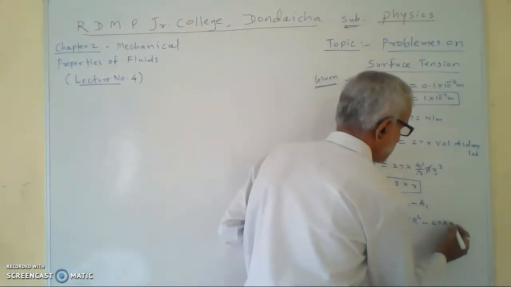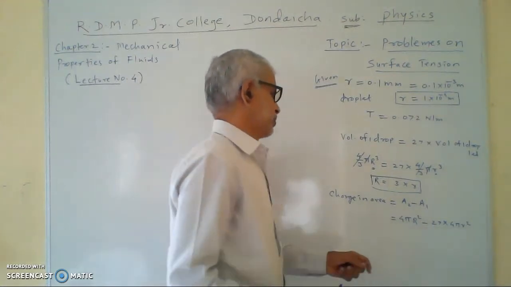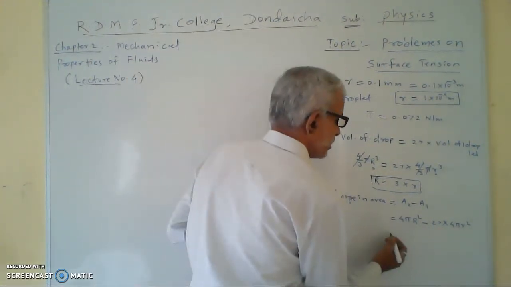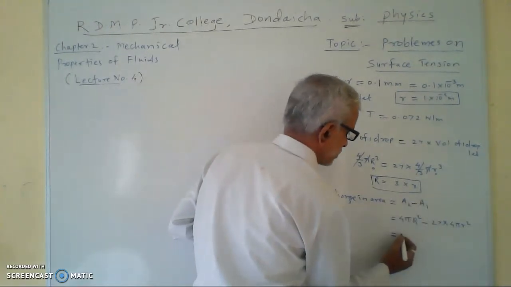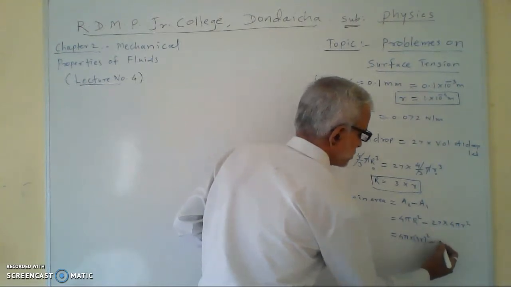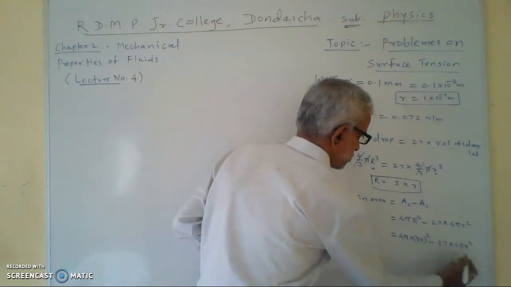Area of the droplet is 4 pi r square. So, final area minus initial area. Now here we put the value of R equal to 3r. So it is 4 pi multiplied by 3r square minus 27 into 4 pi r square.